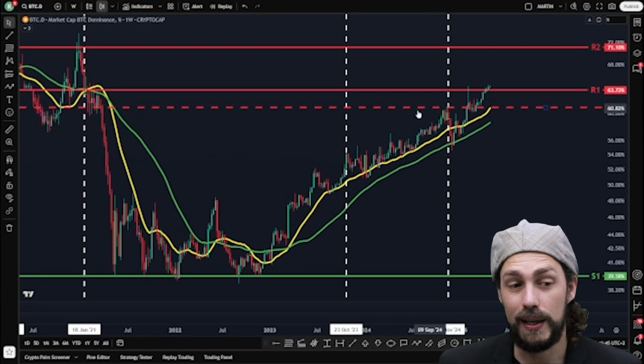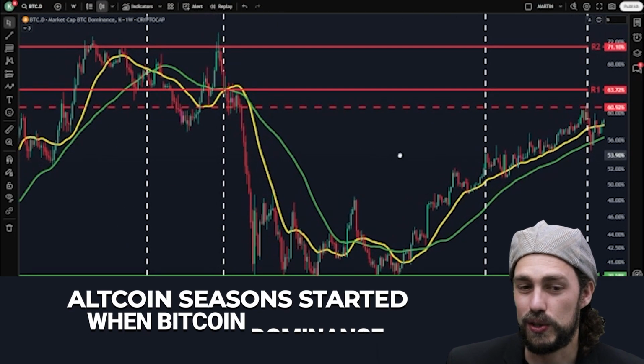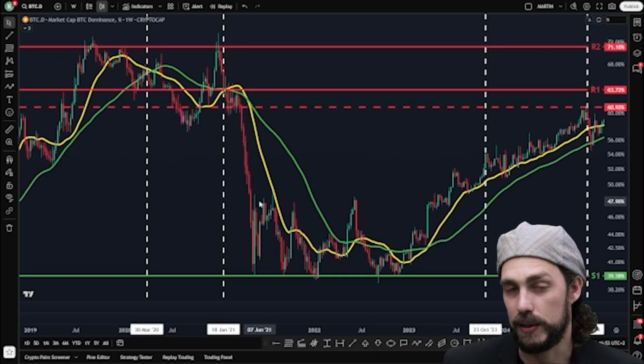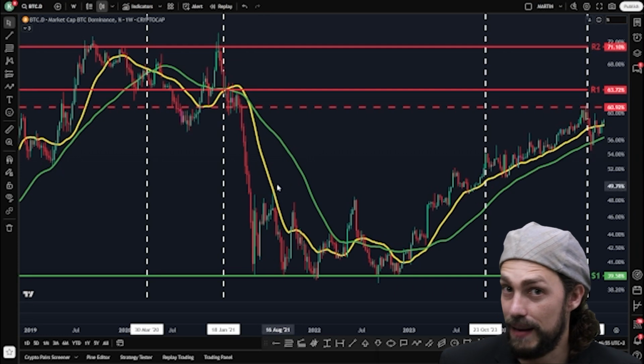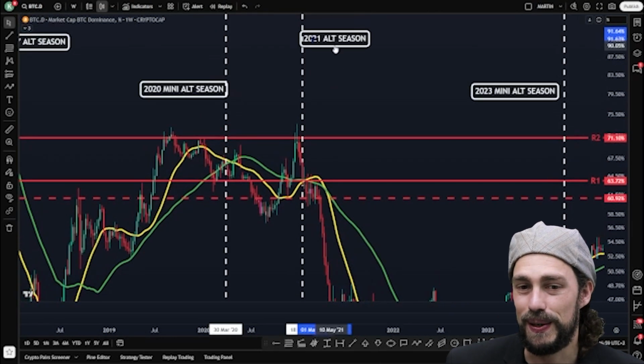Now, why is the Bitcoin dominance important? Because looking left on the chart, we can see that altcoin seasons started when Bitcoin dominance started falling and breaking down, as people are removing their money from Bitcoin and putting it into other altcoin positions. This was the start of the 2021 altcoin season.